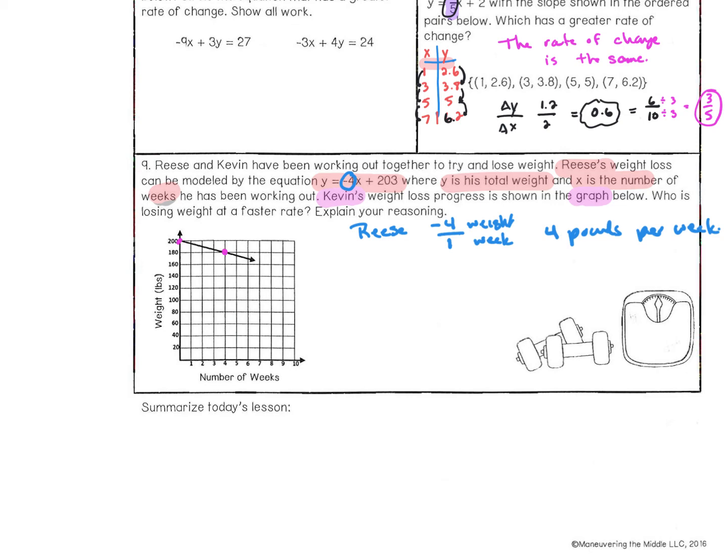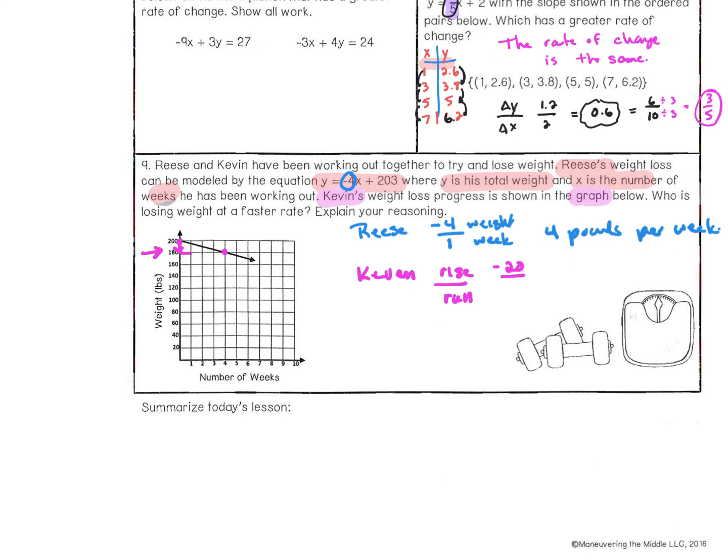So if we look at this, we're going to use the rise over run. So Kevin is going to be represented by the rise, change in y's over the change in x. So I'm going to go down, and you notice that the scale is in increments of 20, a scale of 20. So it's going down, so that's -20.